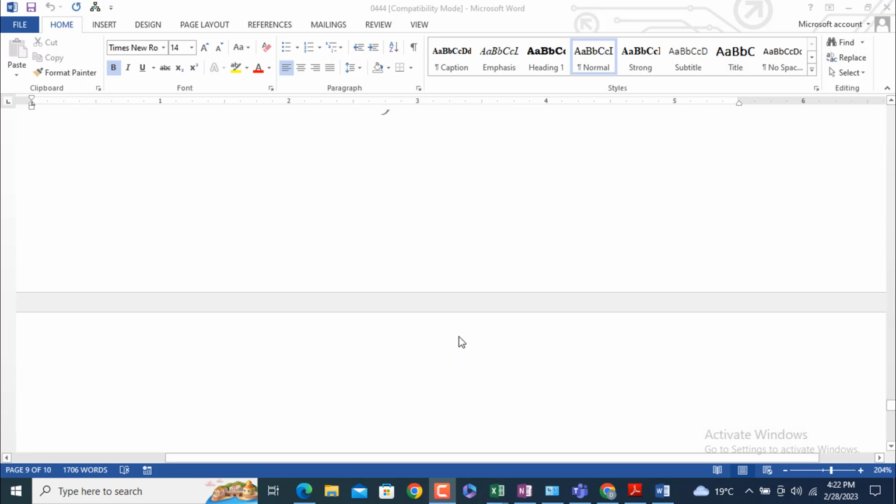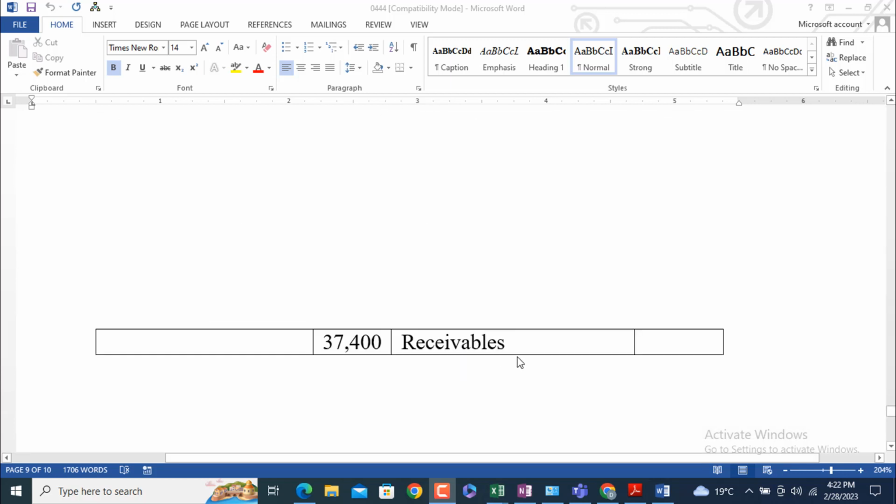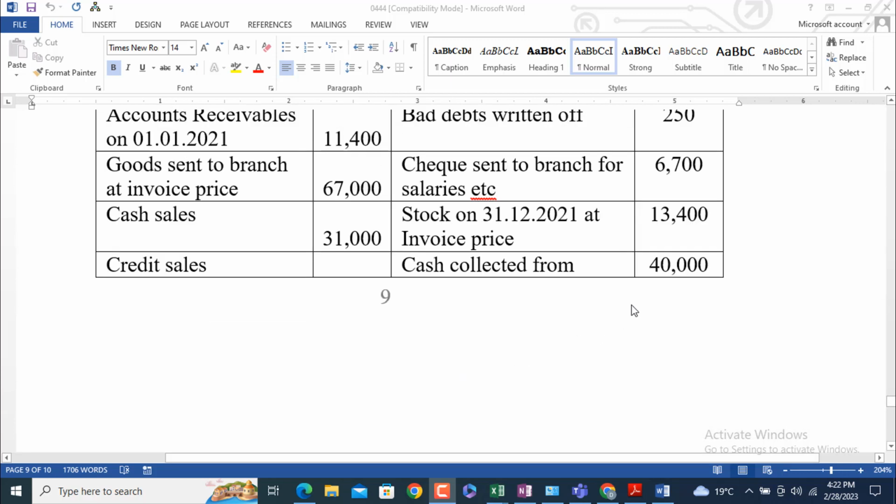Cash collected from customers as receivables is equal to 40,000.